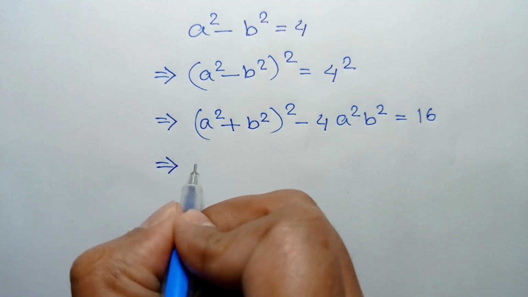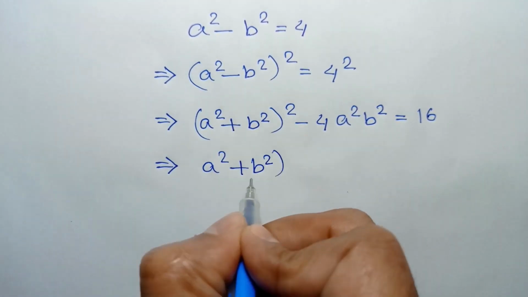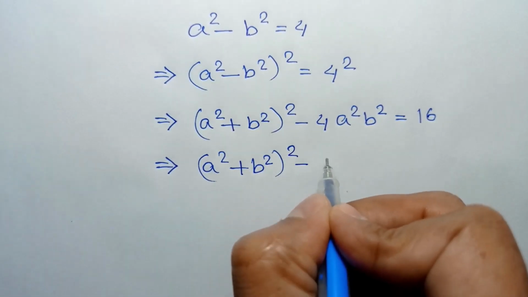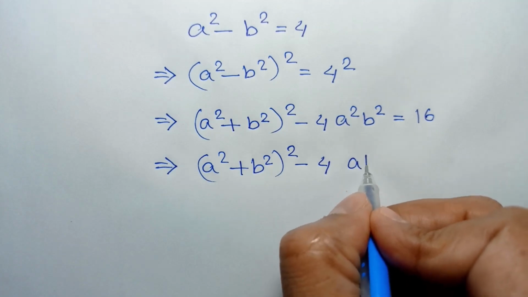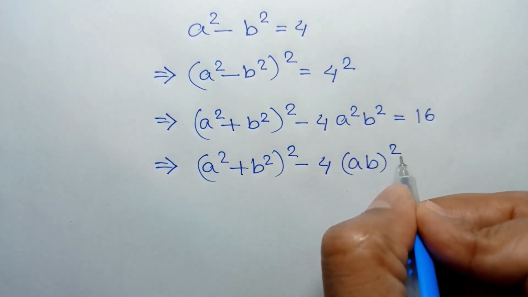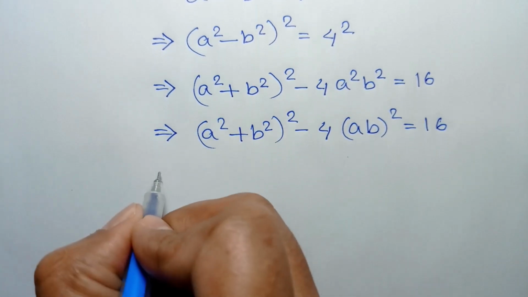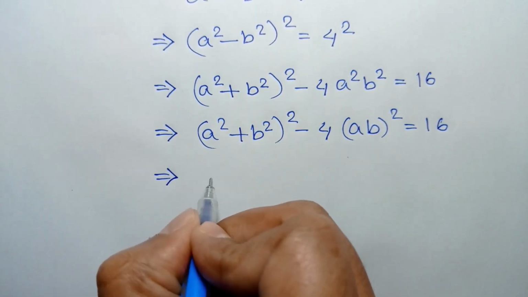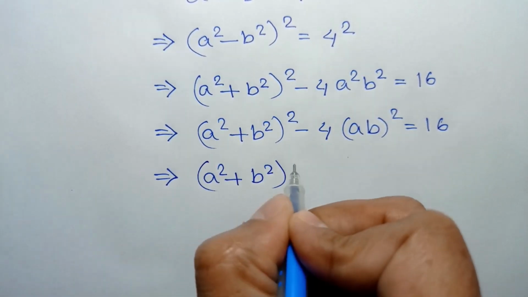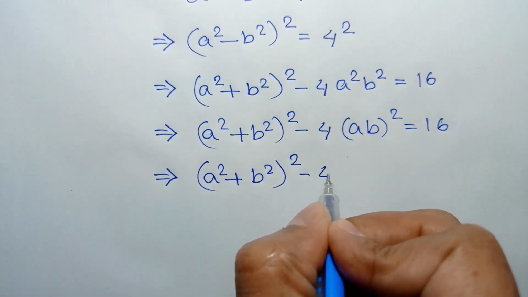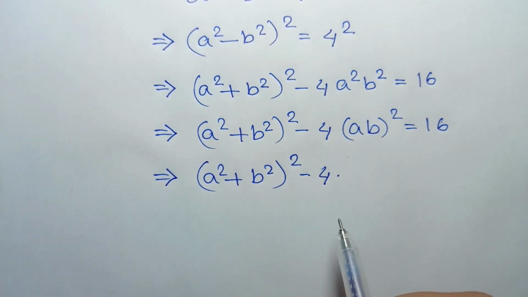or (a square plus b square) whole square minus 4 a square b square can be written as (ab) whole square is equal to 16, or (a square plus b square) whole square minus 4 times (ab) whole square, where the value of ab is equal to 2.